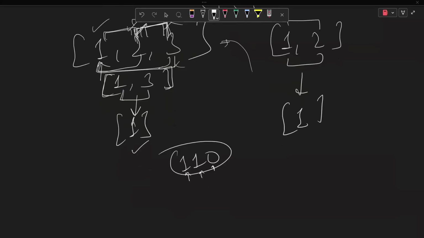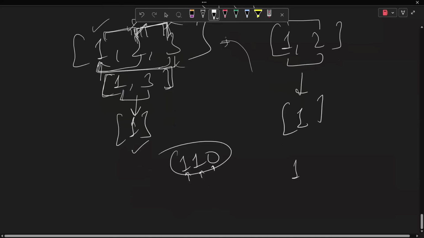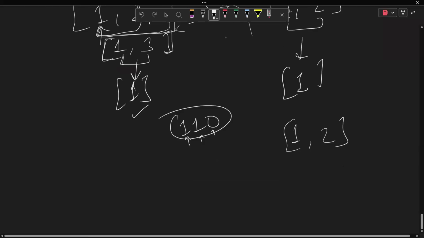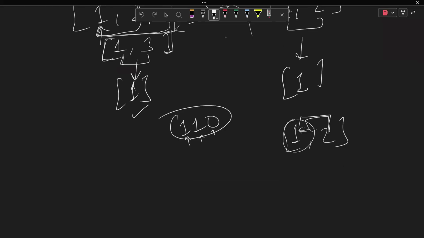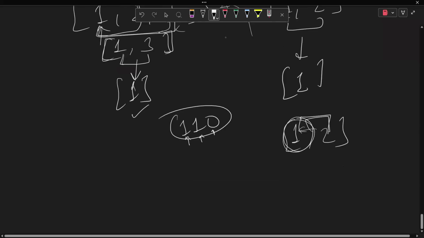As someone had pointed out in the chat also, if we select a range of two elements, let's say 1 and 2, then for any range of two elements, the minimum of the two elements would be my median. Because for two elements, when we sort them, both are middle elements and the left one is my answer. That's what the definition of median is. So for two elements, I can always have the smaller one as the median, so I can remove the other.